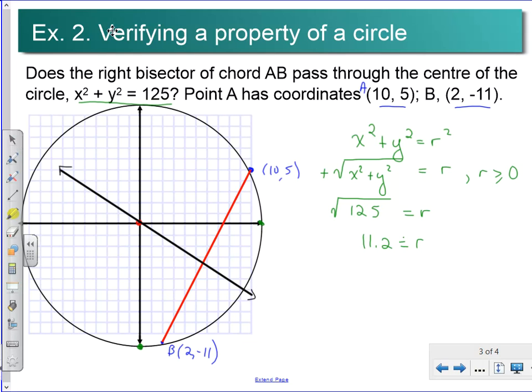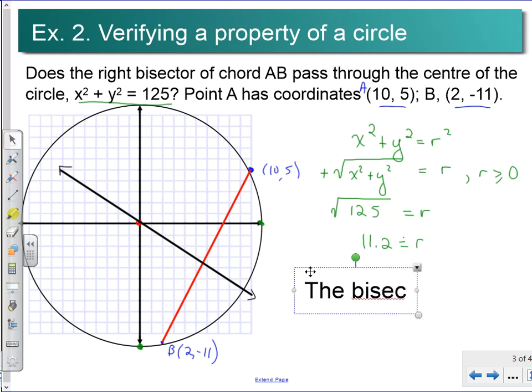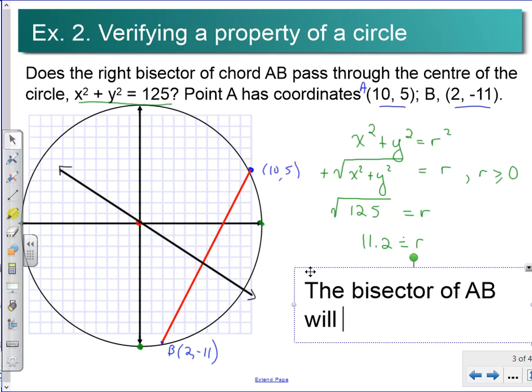So we need to work away at that. Visually you can see it is a bit off, but what I'm going to do is perform some calculations, and that will help me to determine the position of the right bisector. So remember that the bisector of AB will pass through the midpoint of AB.